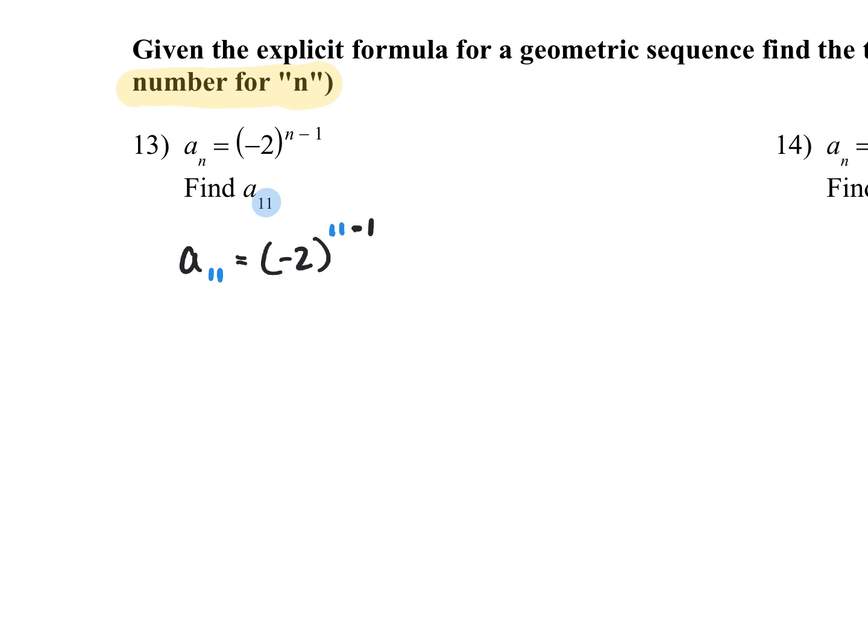Well, here is the process for solving this. You first start by doing the math in the exponent. So I will leave my parentheses -2, but 11 minus 1 is 10. Now, I'm going to need your help right here because I'm going to show you why parentheses are so important.